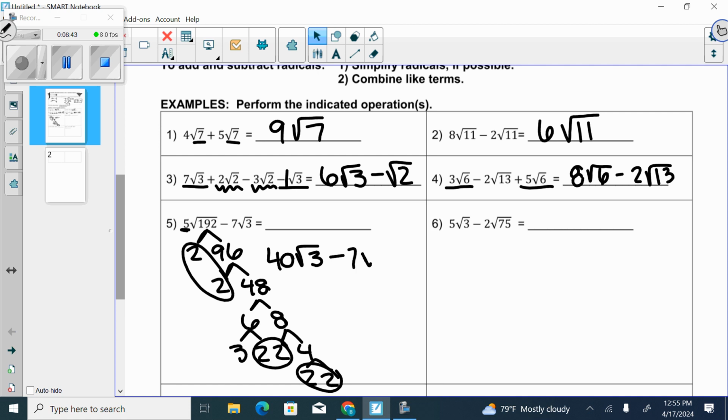Okay, and then we still have this minus 7 square root of 3. Are they like terms? Yeah, they're like terms. So what am I going to do? Actually subtract. So what's that going to leave us? Good. 30 what? 40 minus 7. 33. Oh, I was doing 40 minus 3.